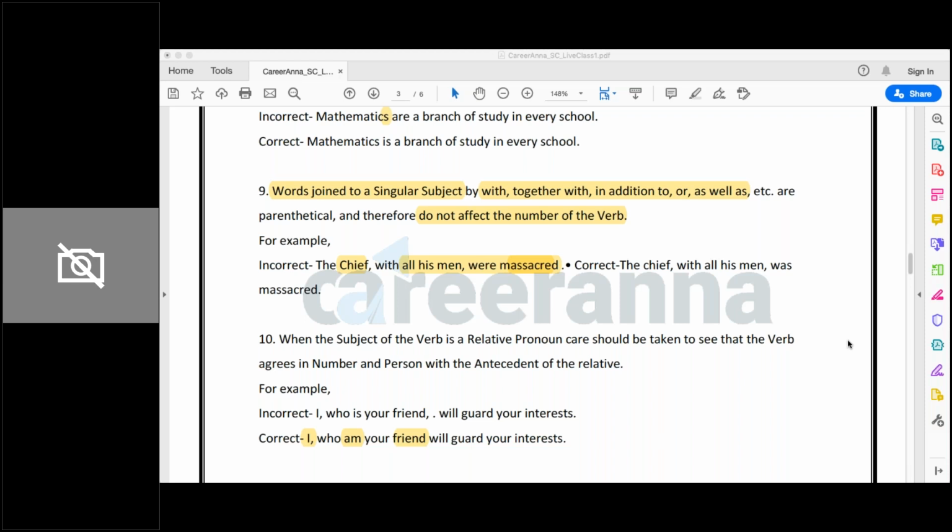I, who am your coach. Again, you don't go by sounds, you go by the grammar. I, who am your coach, might sound incorrect, but that is grammatically correct. If I say I, who is your coach, it might sound correct, but it is grammatically incorrect.